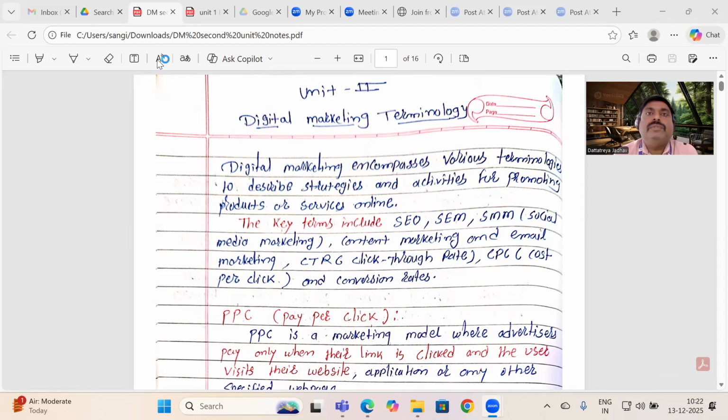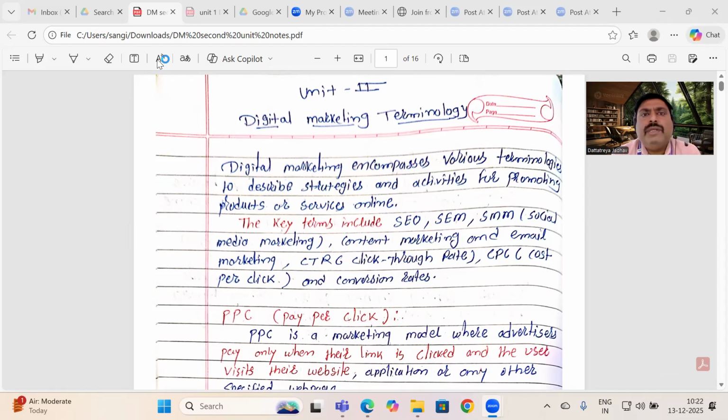We observed that concept, but in detail we go with the second unit. Digital marketing is a very important parameter, and some technical parameters will be considered in it. It describes the strategy and activity for promoting a product or services online.